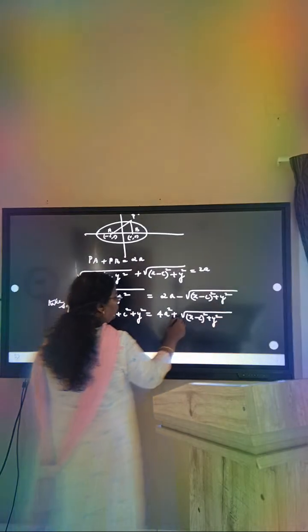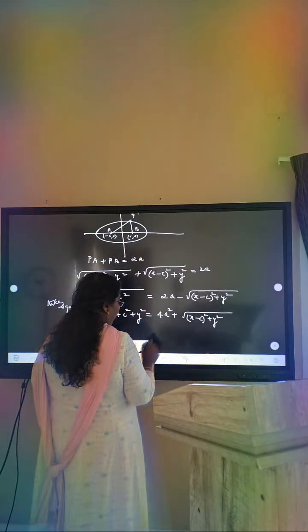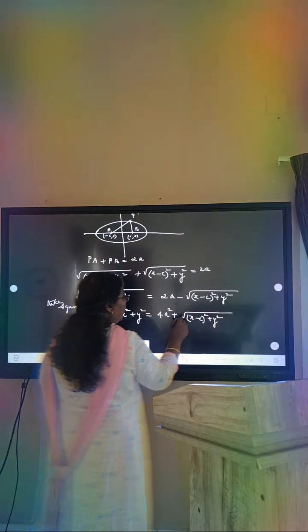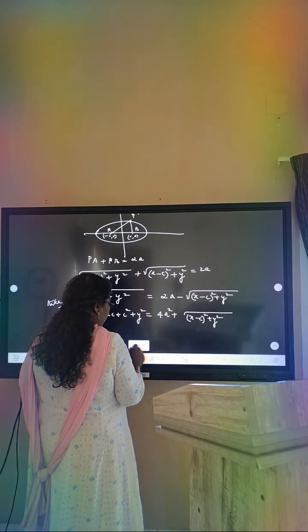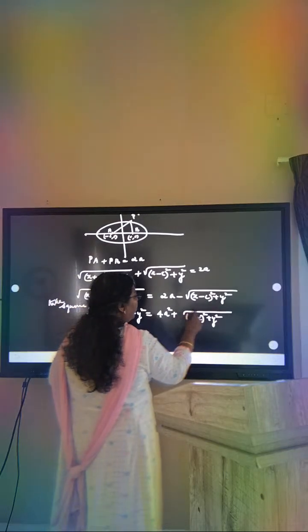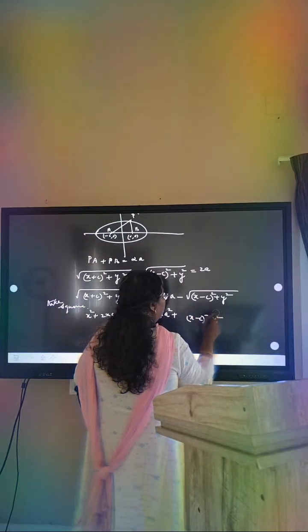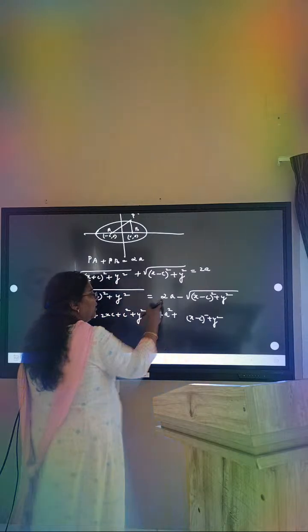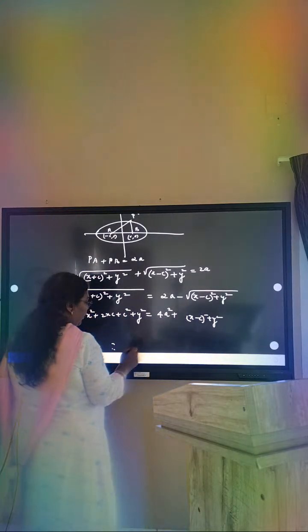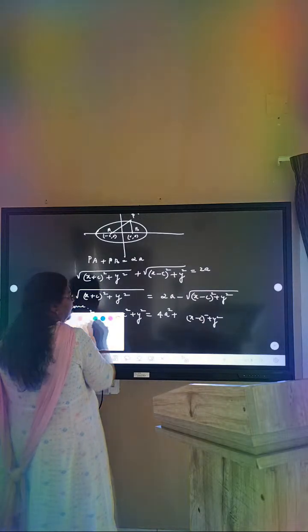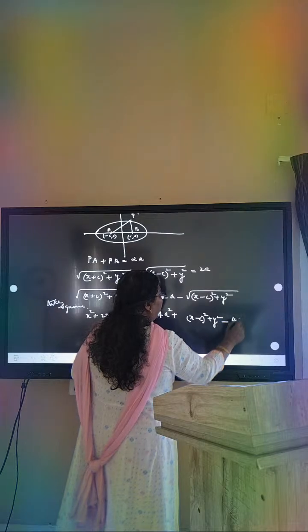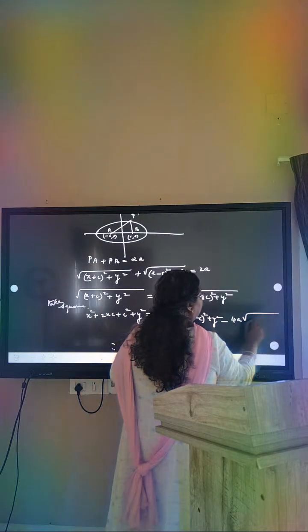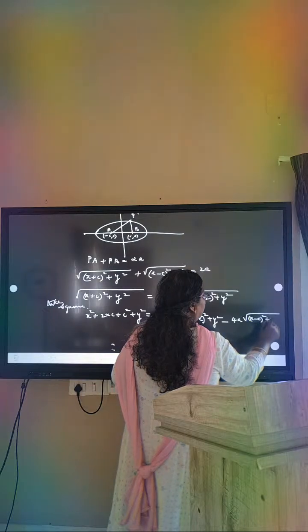The square root will not be there on that term because taking the square removes it. Then minus 4a into the square root of (x minus c) the whole square plus y square.